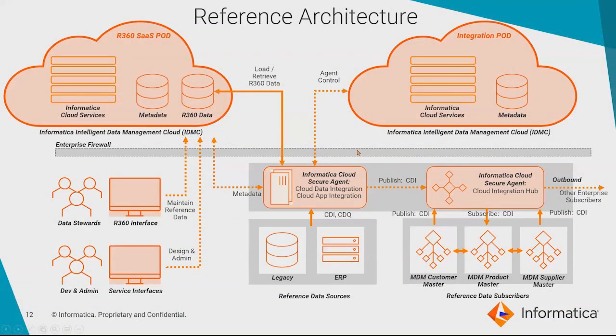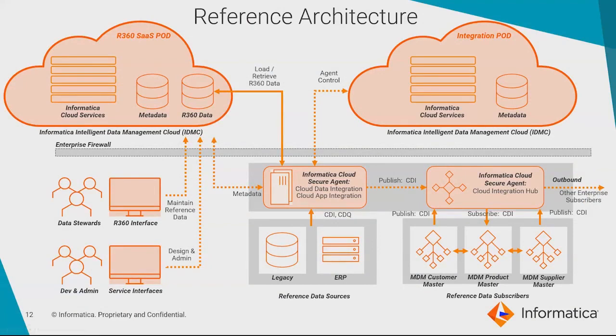Finally, on the right, the same secure agent reads the data from the code lists as they change, as they're published, either in real time using Cloud Application Integration, CAI, or in a scheduled batch job using Cloud Data Integration, CDI, and sends these changes to the Cloud Integration Hub, the CIH, for publication to subscribing applications across the enterprise.